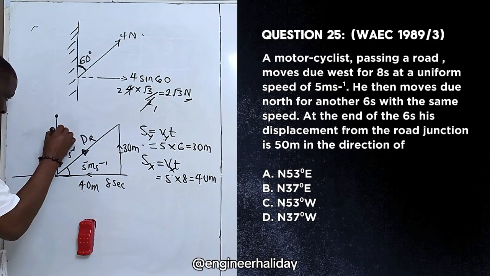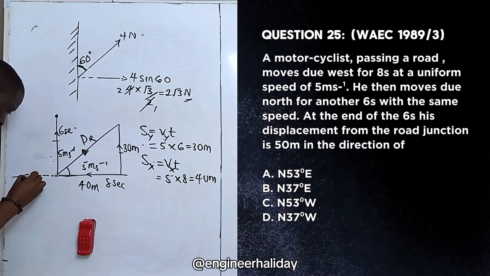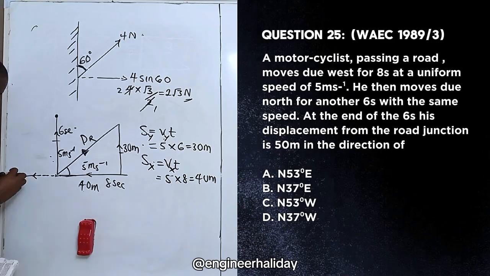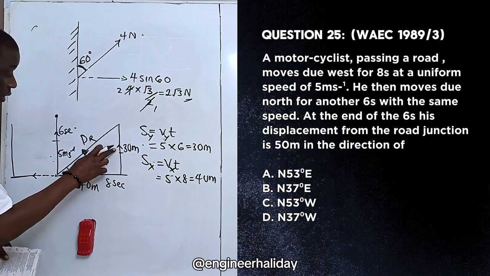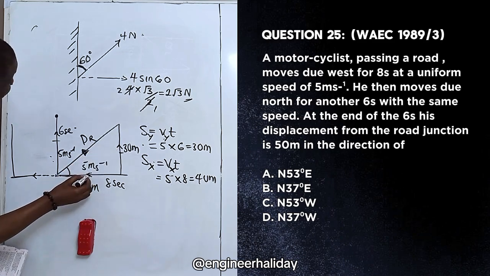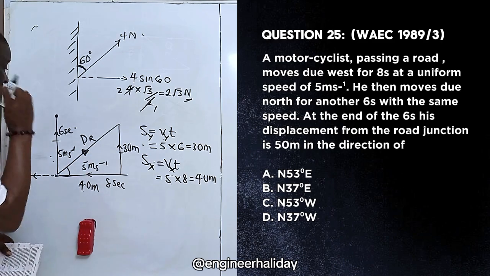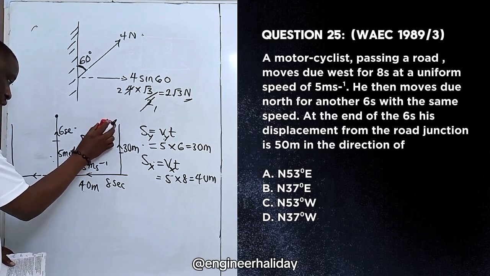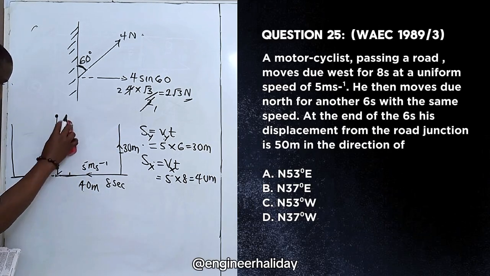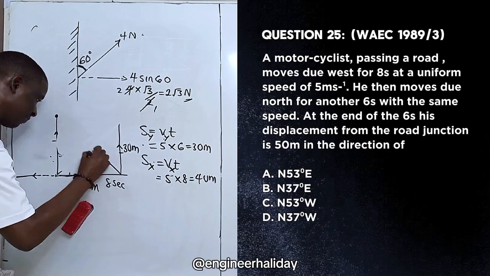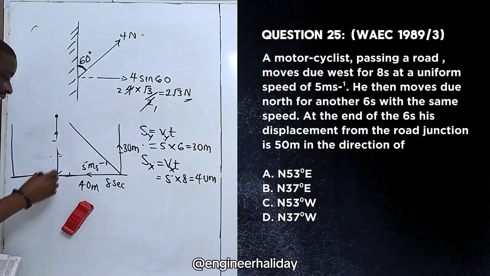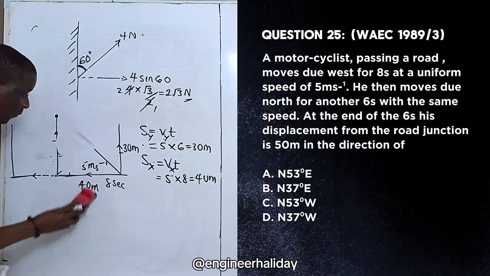So what I'm going to do now is to readjust the diagram. If I readjust the diagram, look at what will happen. This is west, so that the two of them can be going in the same direction. So if I draw it like this, then this is north. You draw it from a common position. Don't forget that the arrows must be going in the same direction. So in that case, I will not use this common point. I will use this one, so you must be very, very careful.